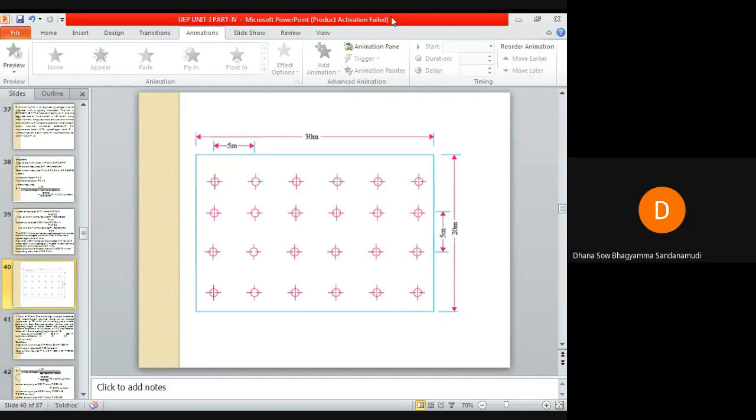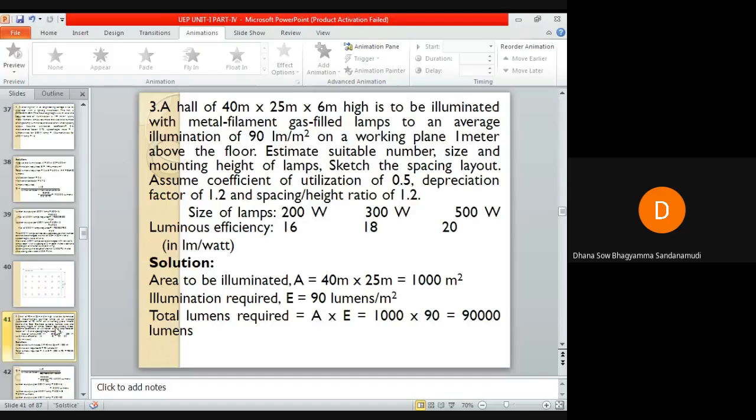You just put some dots for the lamps, in order to mention the lamps. Did you complete? Shall I proceed? Okay.